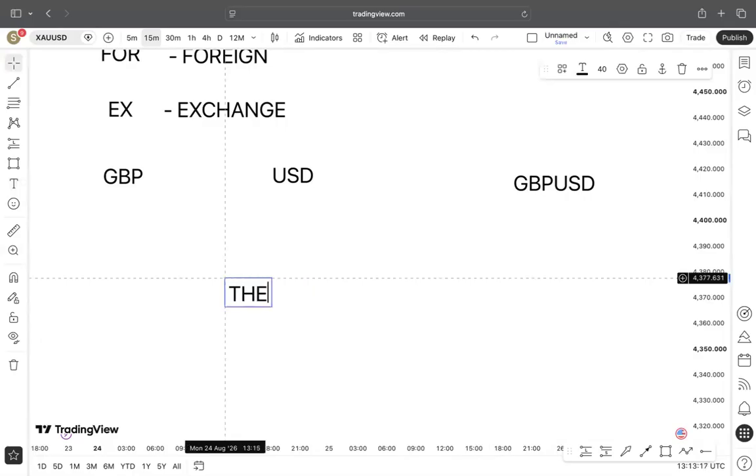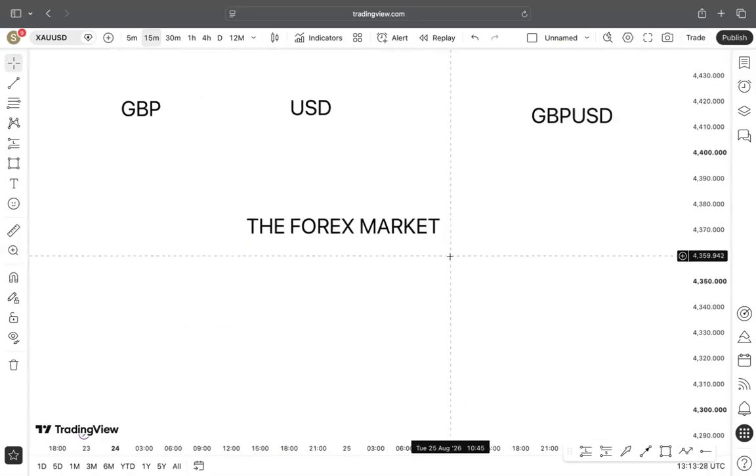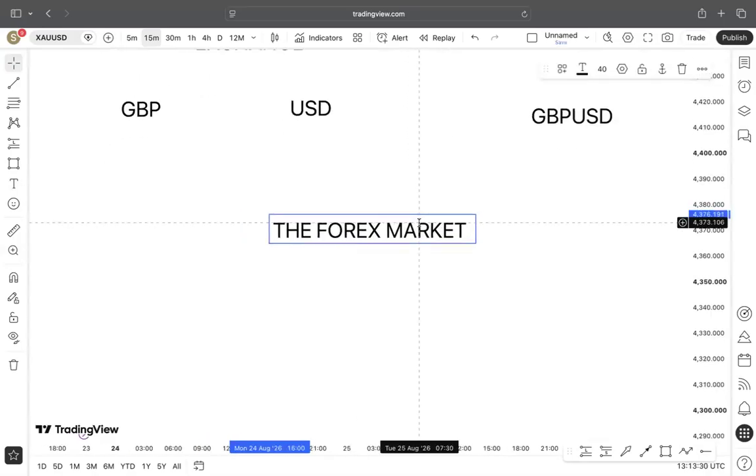What do we do in the forex market? The forex market is the global financial market where currencies are bought and sold.